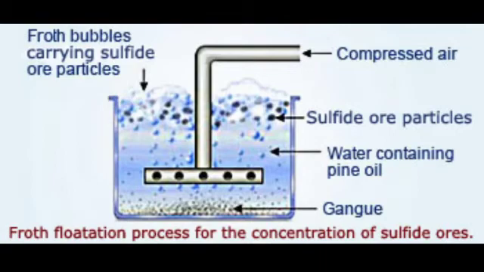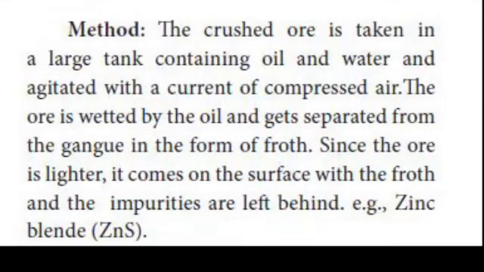Next, this is the method used for froth flotation. The crushed ore is taken in a large tank containing oil and water and agitated with a current of compressed air. Agitated means compressed air is applied forcefully.